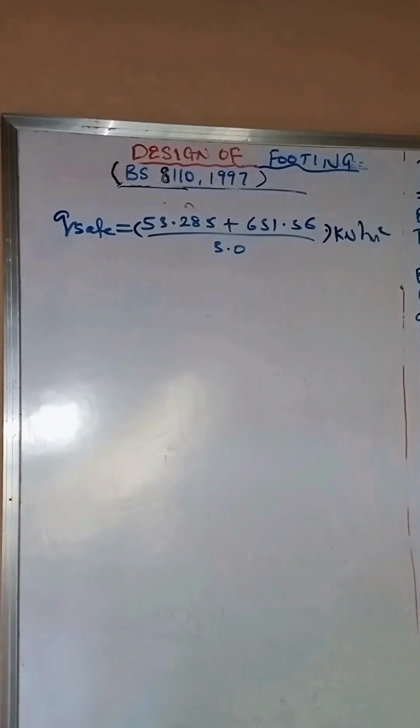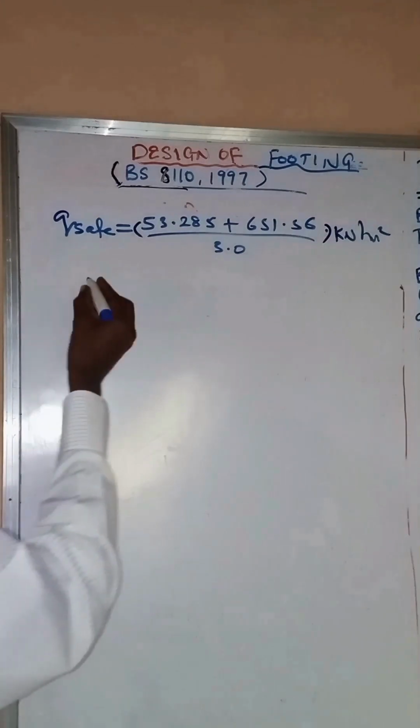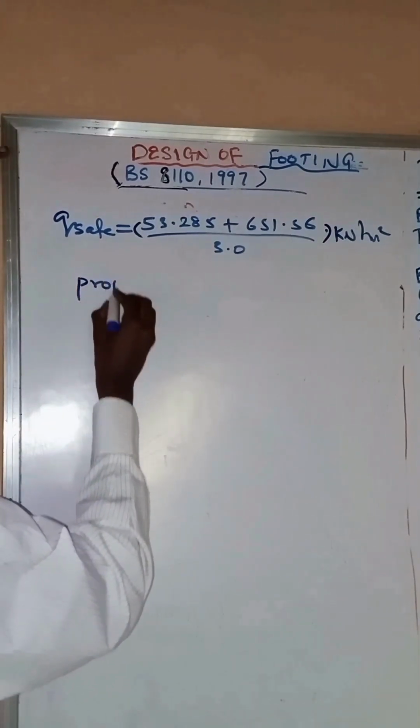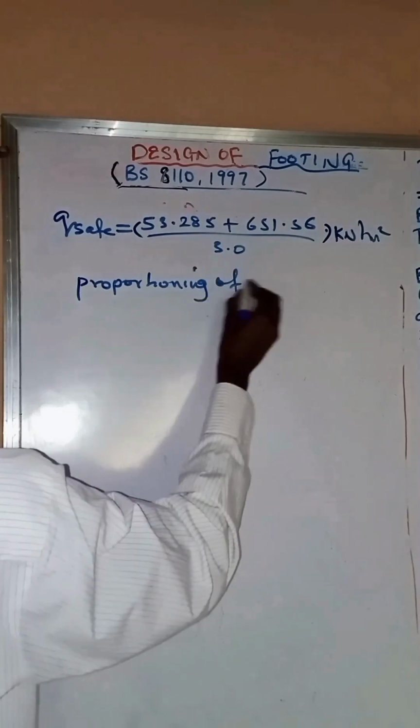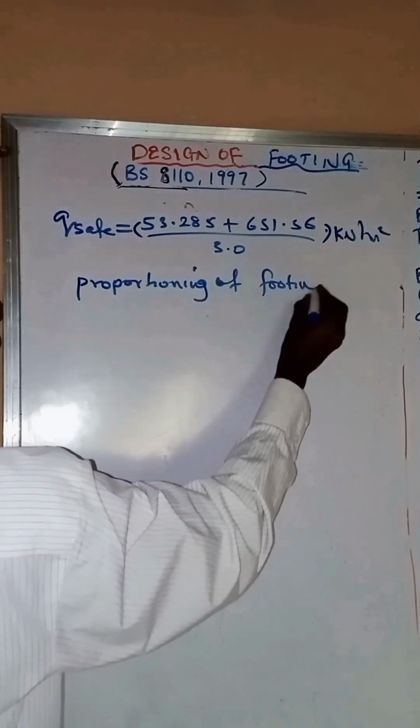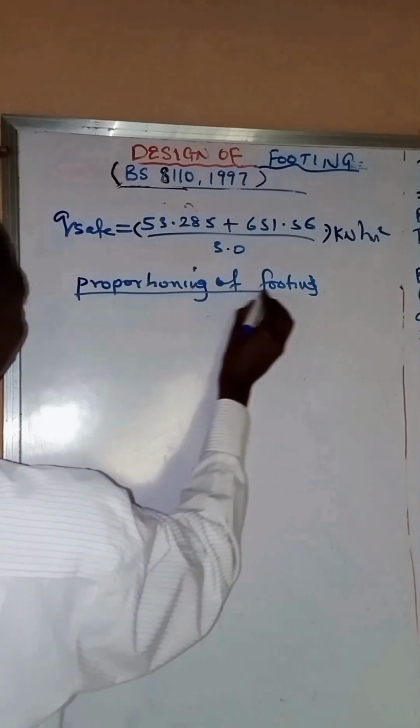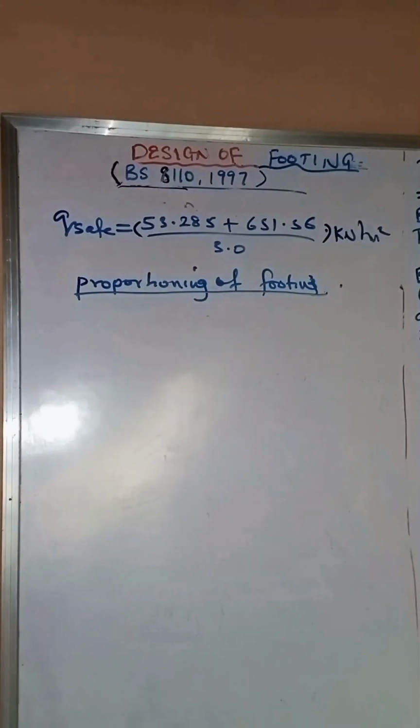Now, the next thing we are going to do is sizing of the footing, say proportioning of footing. So we want to proportion this footing. Now, the first thing we want to check is the punching shear requirement.